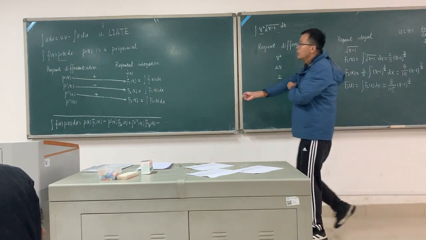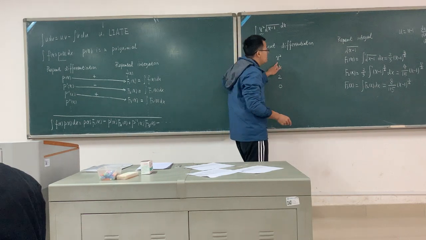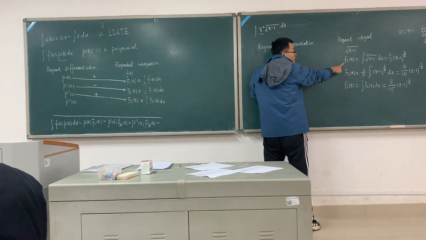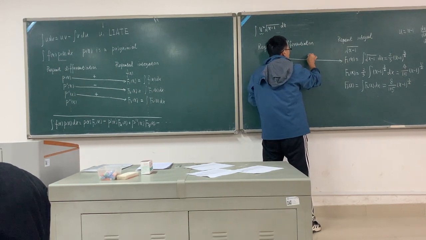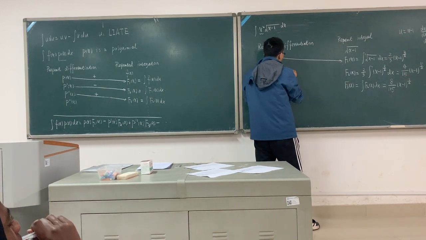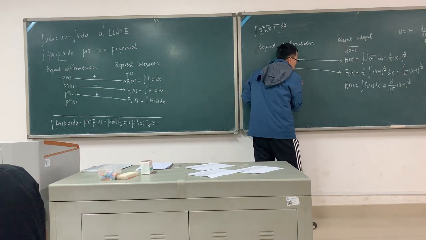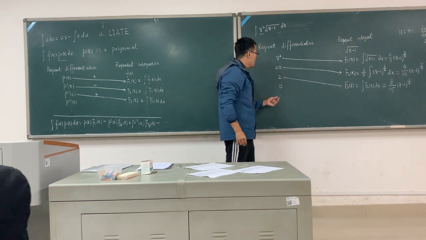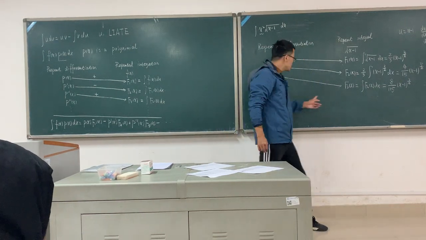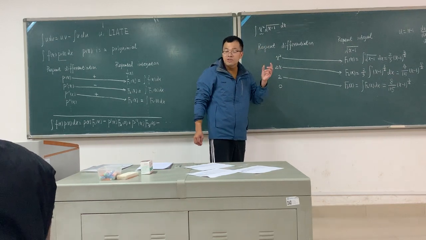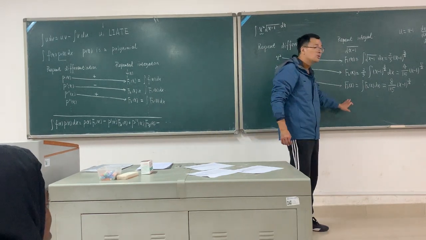Because here we can see, following this rule: x squared times F1, 2x times F2, 2 times F3, and 0 times F4. Because here it is 0, and 0 times any number is 0, so we do not need to compute F4.